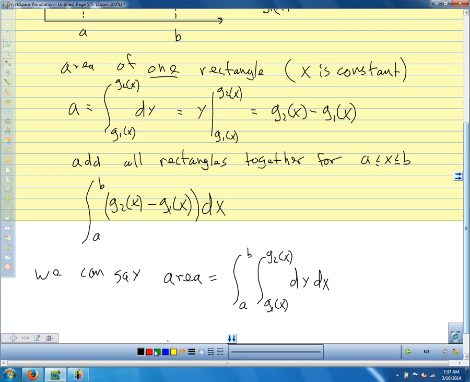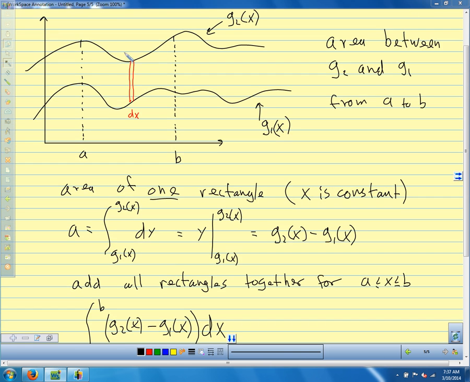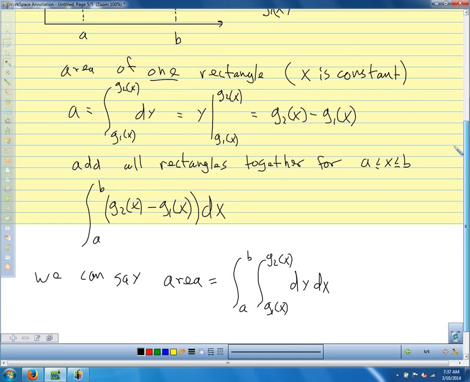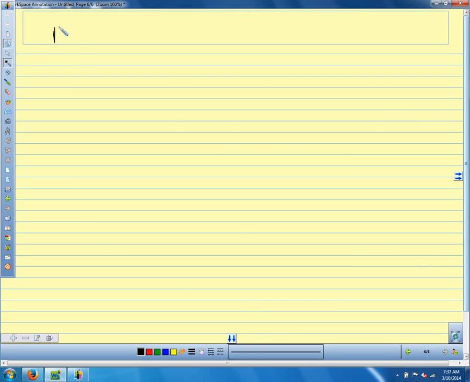All right. If our region is bounded by curves on the left and the right rather than above and below, then we can write our iterated integral in a slightly different form. So for this particular example, our region is bounded on the left and right by functions of y.